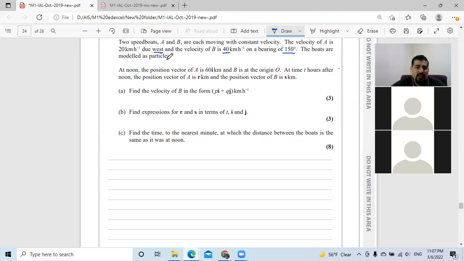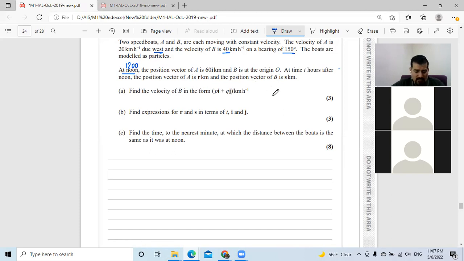The boats are modeled as particles. At noon, the position vector of A is 60i kilometers, this is r naught for A, and B is from the origin O. At time t hours afternoon, the position vector for A is r kilometers, and for B is s kilometers. Find the velocity of B in the form pi plus qj.